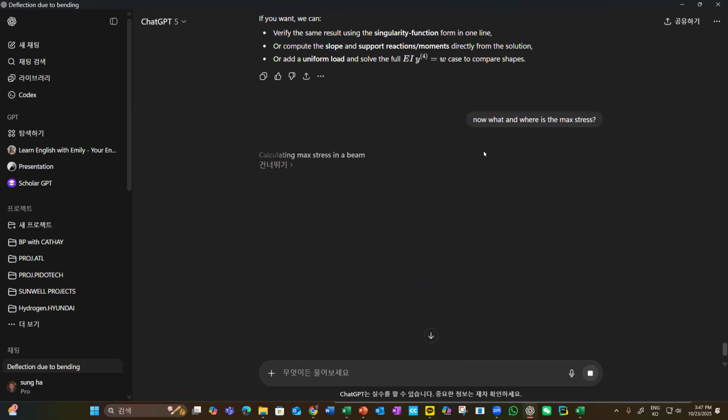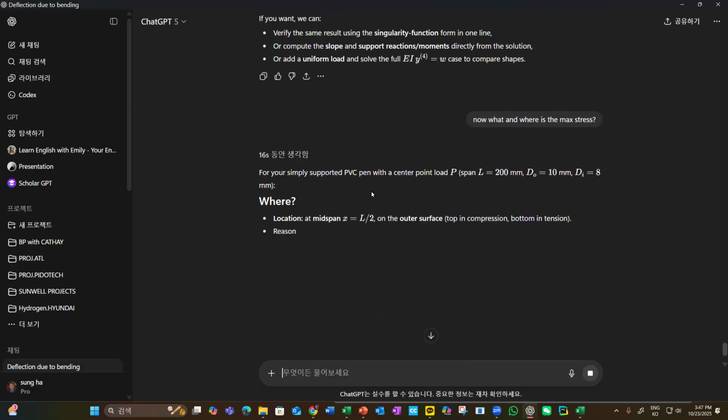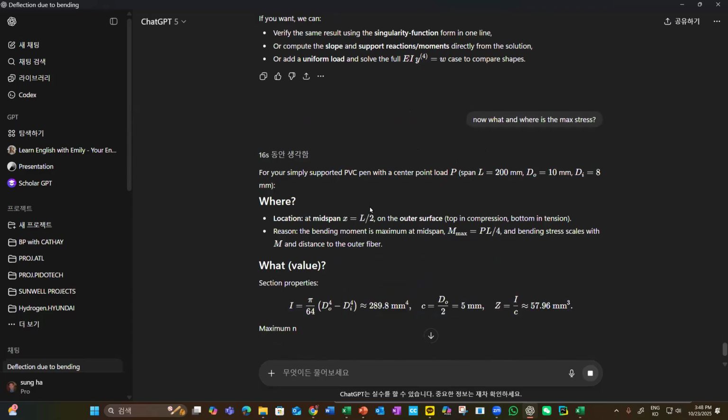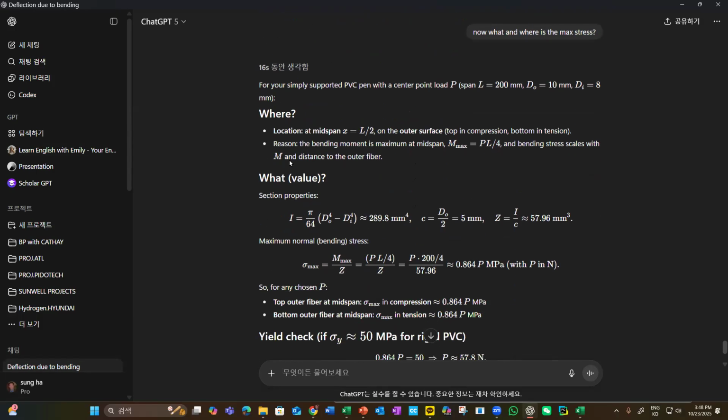So where is the maximum stress? Of course, at the center, because the moment will be maximum for your simply supported PVC beam with the center point load P, at mid-span.